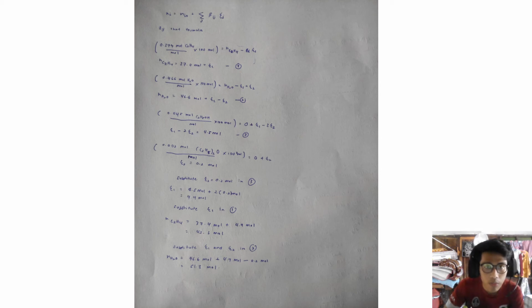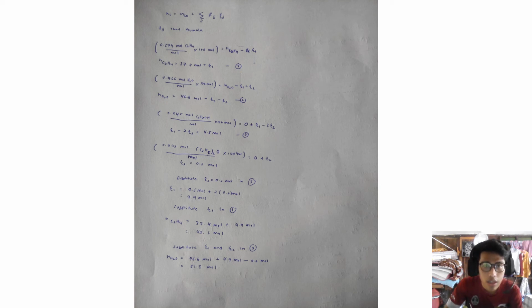So by using that formula, 0.374 mole of ethylene over mole times 100 mole will be equivalent to number of mole of ethylene minus Z1. So we get number of mole of ethylene equivalent to 37.4 mole plus Z1. This will be our equation 1.